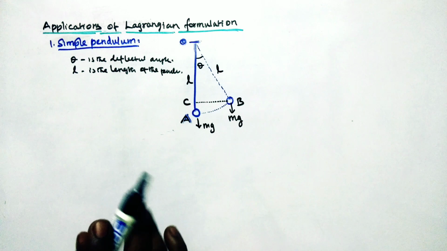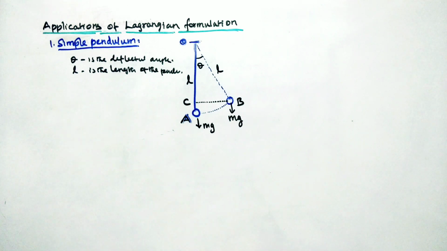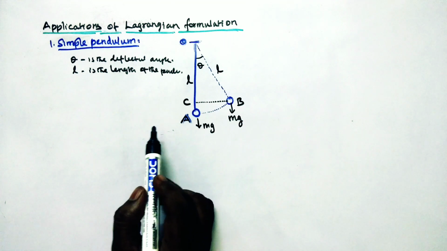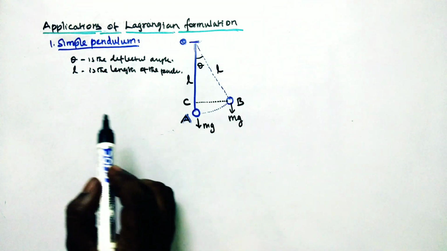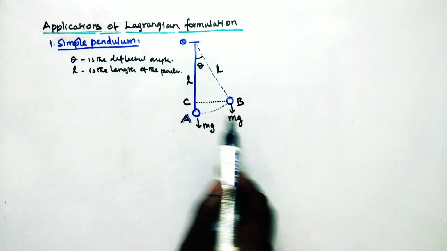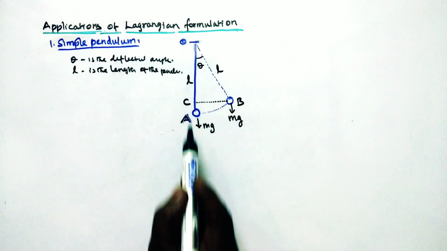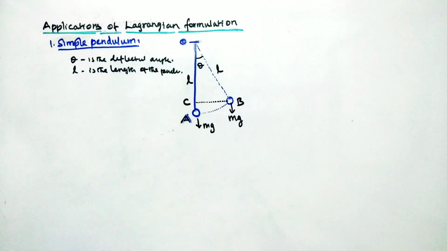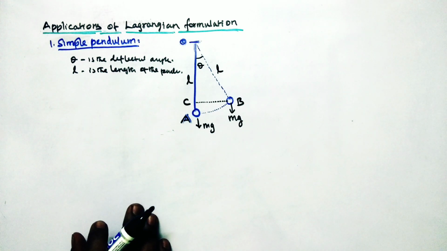So this system is a two-dimensional system. The simple pendulum is moving on the horizontal plane about its vertical axis. This is the actual position of the simple pendulum.